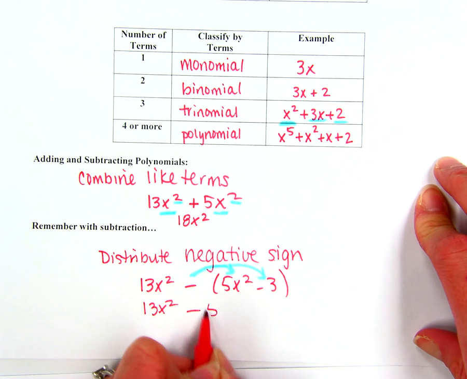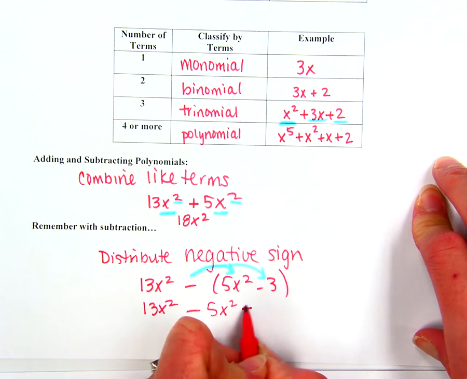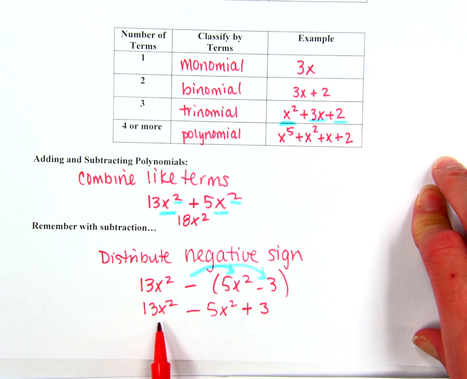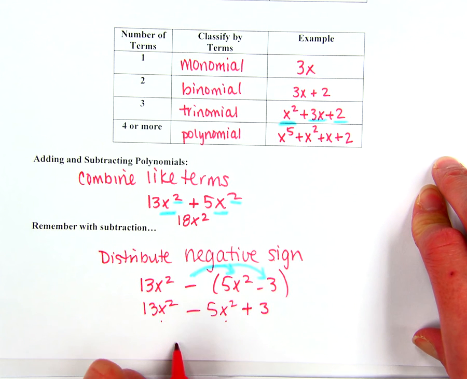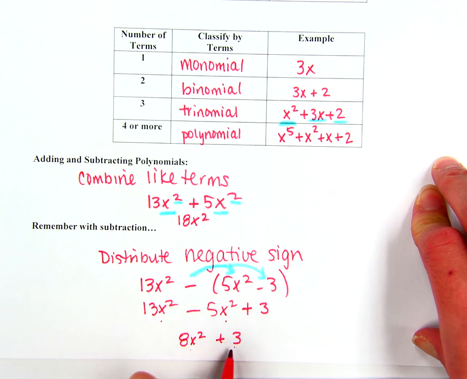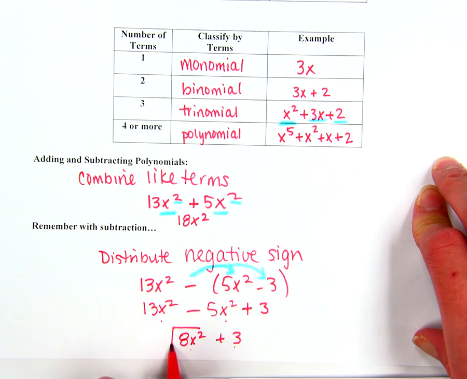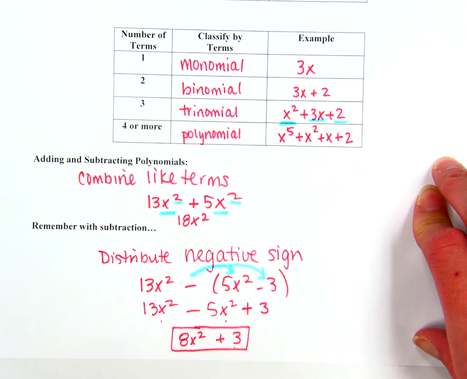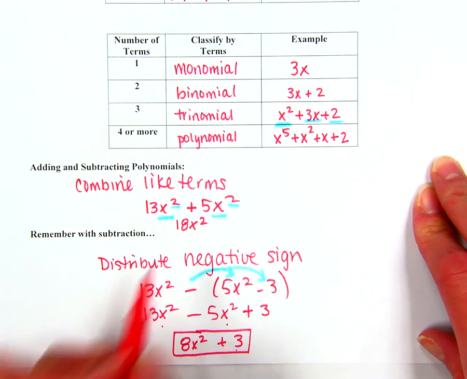So you'd have negative 5x squared, a negative times a negative is positive 3, and then you look for like terms. So 13 minus 5 is 8x squared plus 3. Now these are not like terms because you have an x squared and you have a constant, therefore you can't add them together.